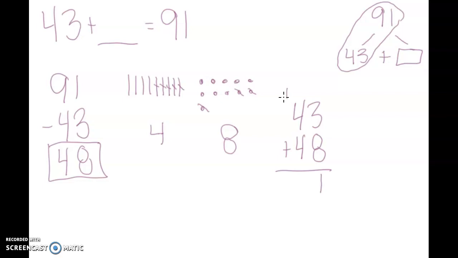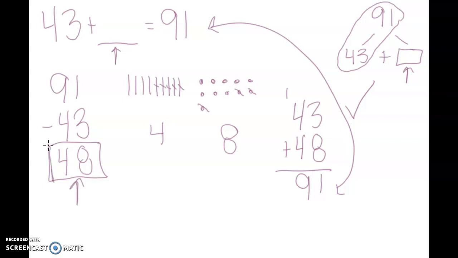Now we add our tens. 1 plus 4 is 5. 5 plus 4 is 9. 91, 91. Do they match? Yes, they do. Now remember, we're trying to figure out what our missing part is. So great that our check matched, but we're looking for this missing part. So the answer is 48.